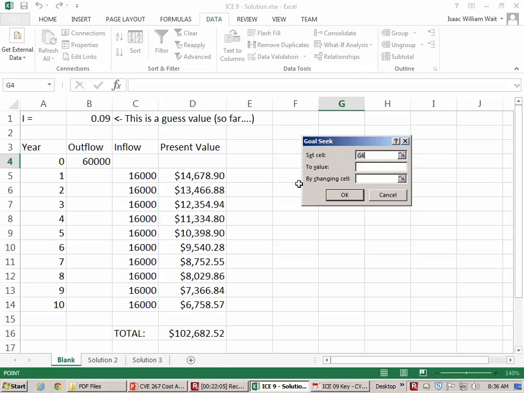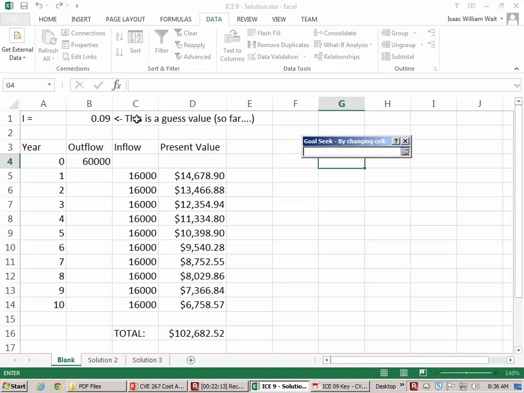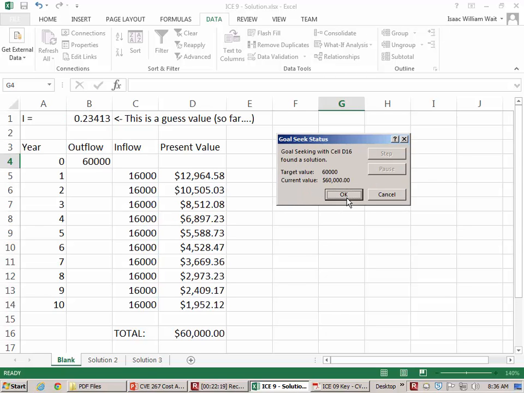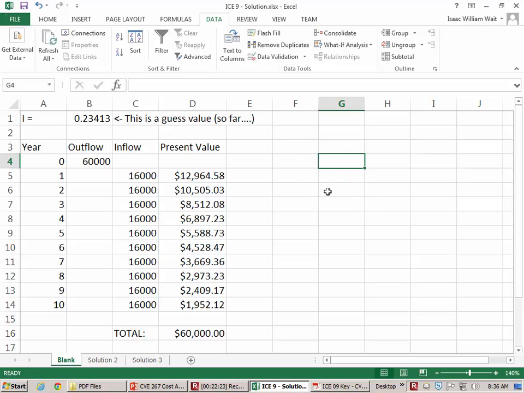So the goal is this should be 60,000 by changing the interest rate. You tell it okay, and it works, and it finds the correct interest rate to a high degree of precision. All right. Any questions about that?